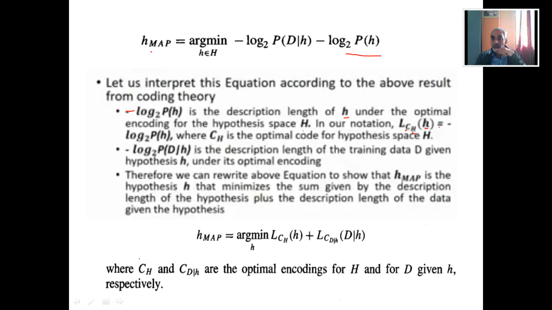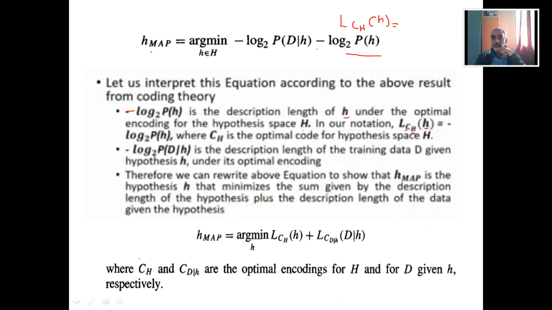Now this is equal to minus log of P of H. So now this entire second term, we can represent it as L of C_H, for coding scheme H, over the set of all hypotheses capital H, of small h. Now this is equal to what?